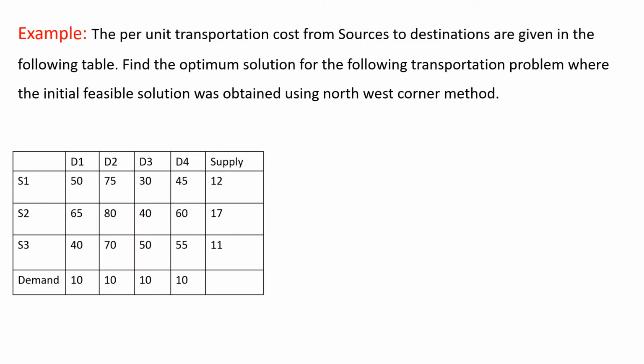Let's see this example. By the way, this is a previous example that we solved in lessons 13 and 14. Using the northwest corner method, we have already solved this transportation problem. So using that as a starting point, we go on to find the optimal solution for this transportation problem, for which we already obtained the initial feasible solution using the three methods: the northwest corner, the minimum cell cost method, and Vogel's approximation method.